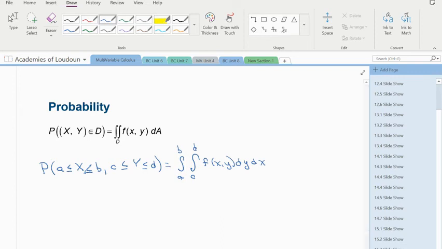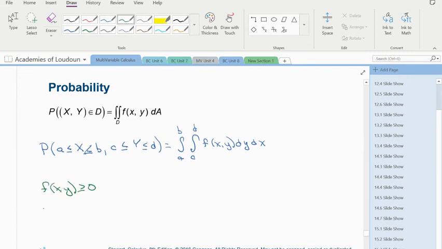Because probabilities aren't negative and are measured on a scale from 0 to 1, we know that the joint density function has the following properties. We know that f of x, y must be greater than or equal to 0, and we know that the double integral over the region must equal 1.